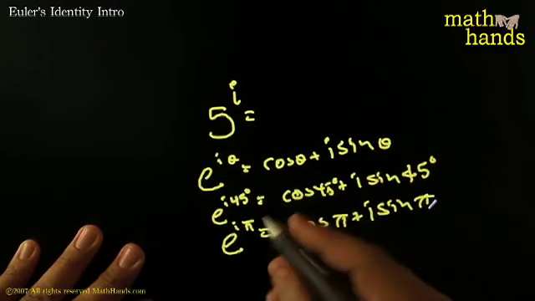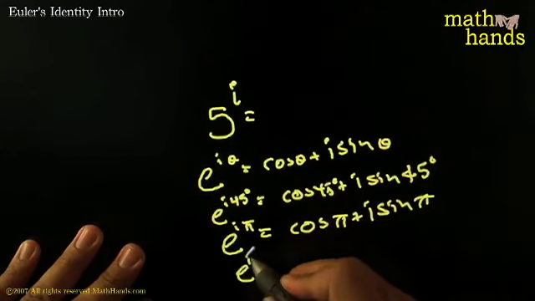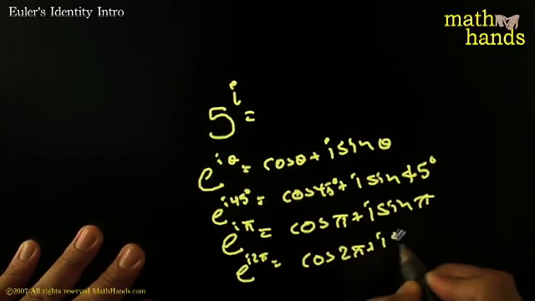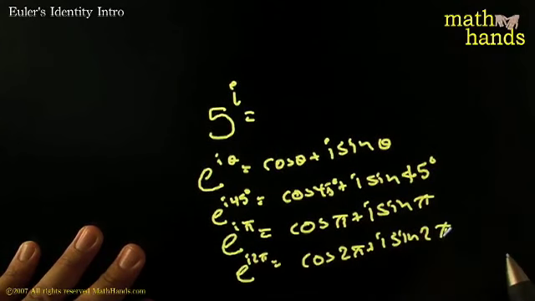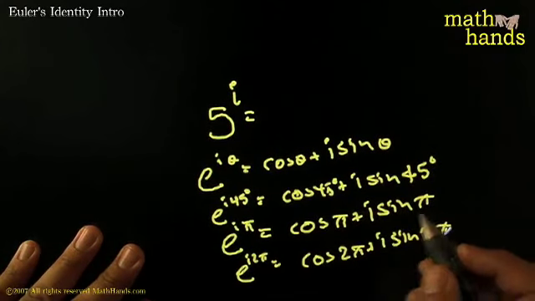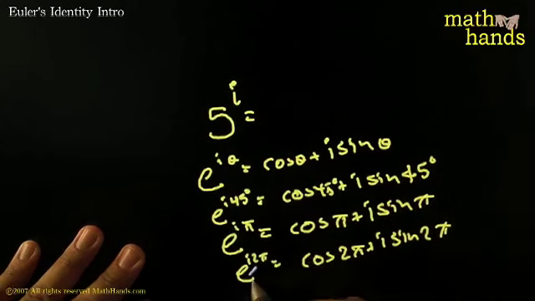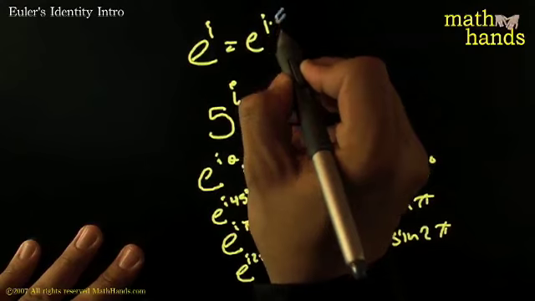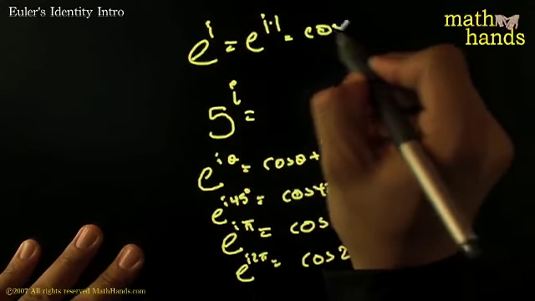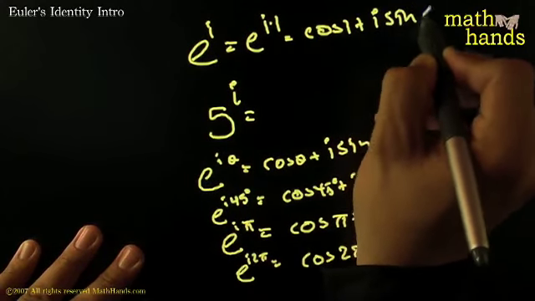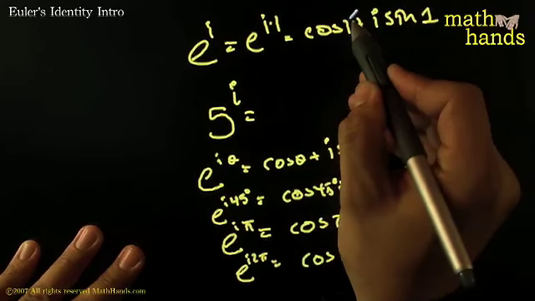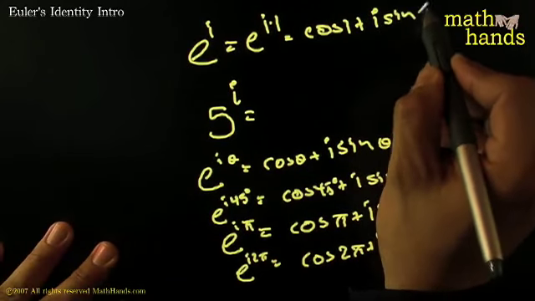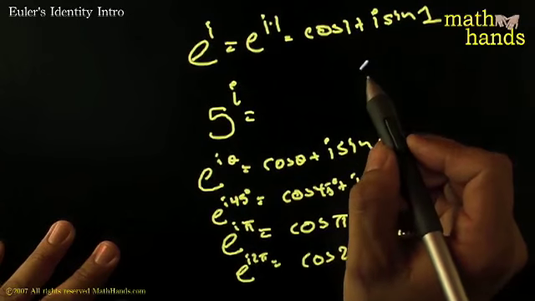Incidentally, we'll come back to this one later. e to the i 2 pi would be equal to cosine 2 pi plus i sine 2 pi. You guys getting it? Well, I'll show you how to do 5 to the i later, but e to the i, well, that looks like e to the i times 1. So this would be cosine 1 plus i sine of 1. And when there are no units there, of course, the default units are radians. Whoa. The default units are radians.